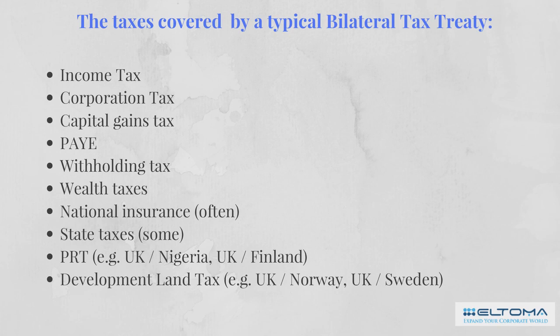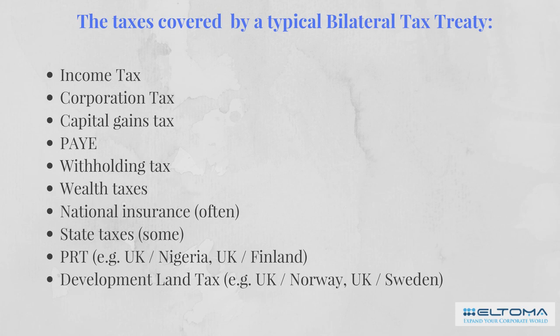In general, it is the income tax, corporation tax, capital gains tax, pay as you earn tax, in case the relevant jurisdiction has such tax, for example, the UK. Also, the withholding tax arises in the source country, wealth taxes. Often it also provides provisions with regards to the national insurance.